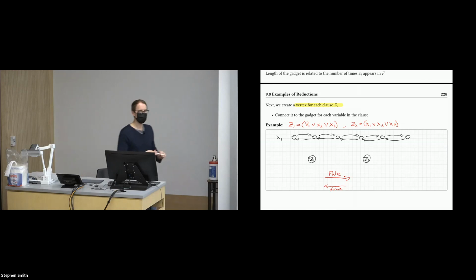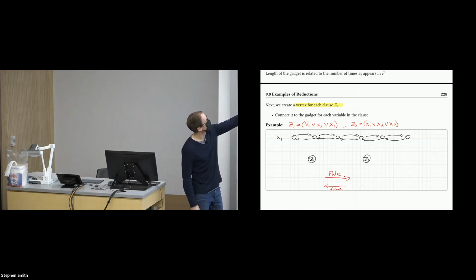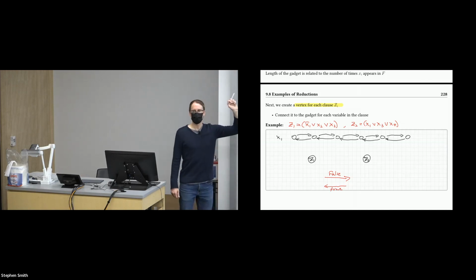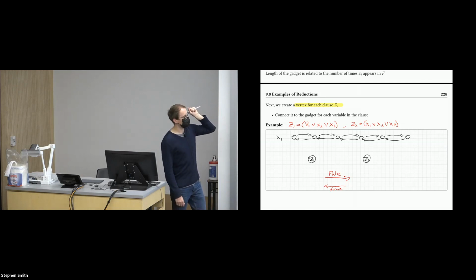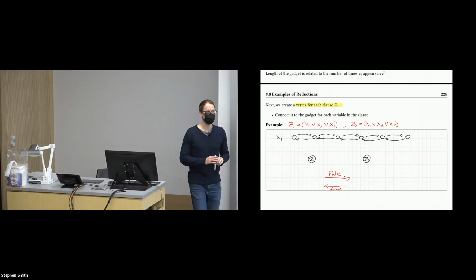And if I traverse it this way, it's like setting it to true. So let's look at Z1. X1 appears negated in Z1, right? Like not X1 is appearing there. So if I'm going across X1 in the false direction, I'm going to let myself go and visit Z1 because I'm satisfying Z1 by setting X1 to false.